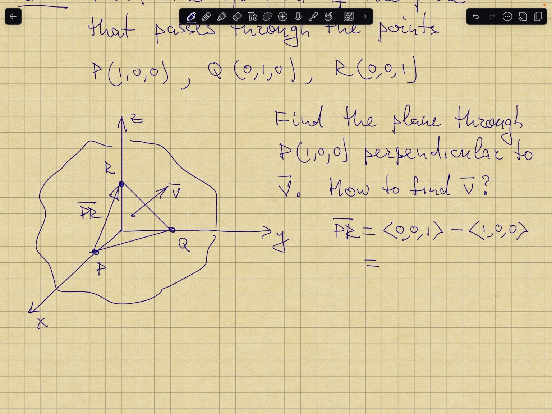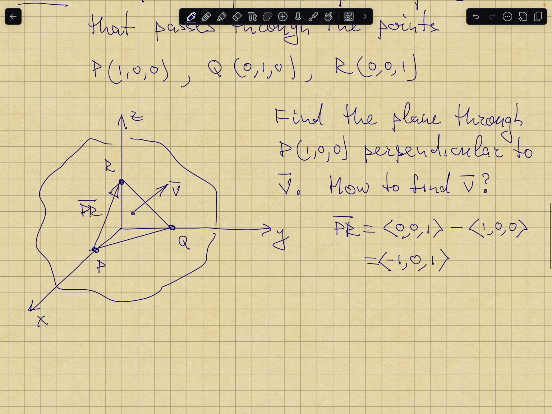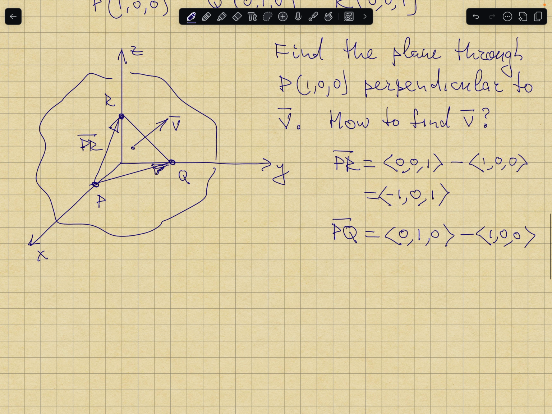So this is minus 1, 0, 1. And then I can find the vector PQ in the same way. So PQ is 0, 1, 0, minus 1, 0, 0. And this is minus 1, 1, 0.